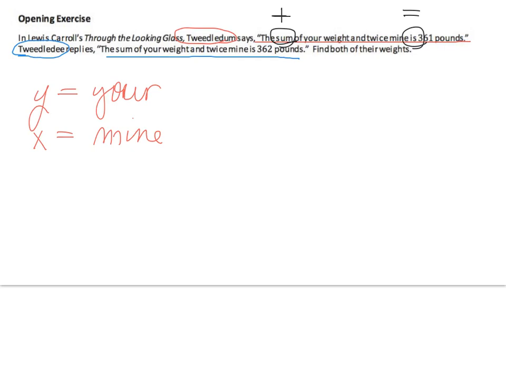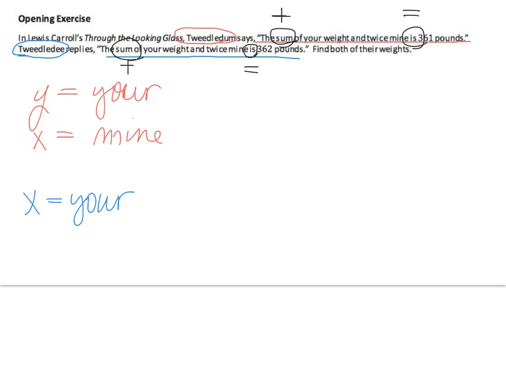So once again, I have sum, which means plus, and the word is means equals. In this case, your, Tweedledee is referring to Tweedledum. So x is going to be your, because Tweedledee is talking.